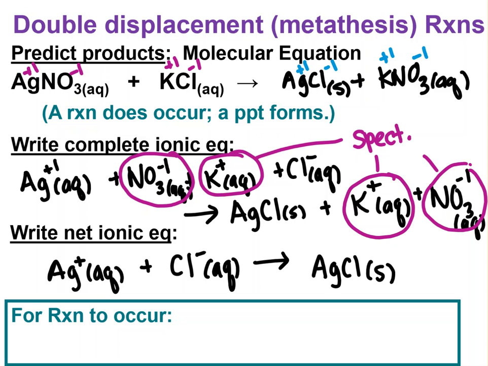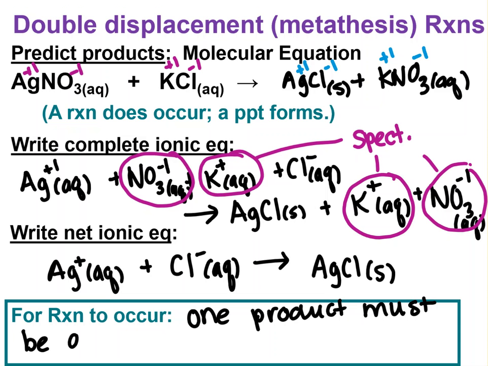And then a note here. In order for a double replacement reaction to occur, one of the products must be a precipitate, abbreviating PPT for precipitate, or a covalent compound.